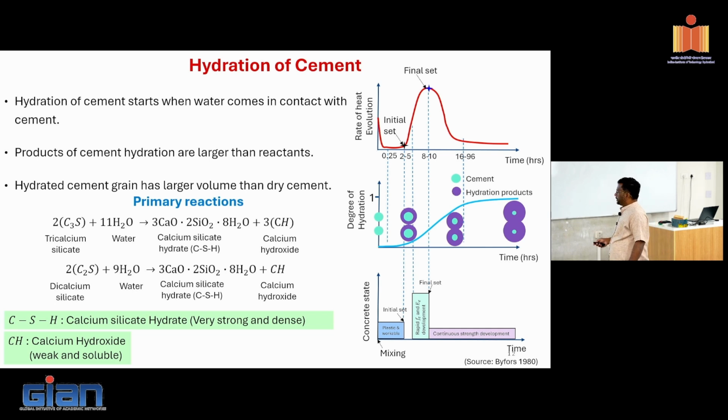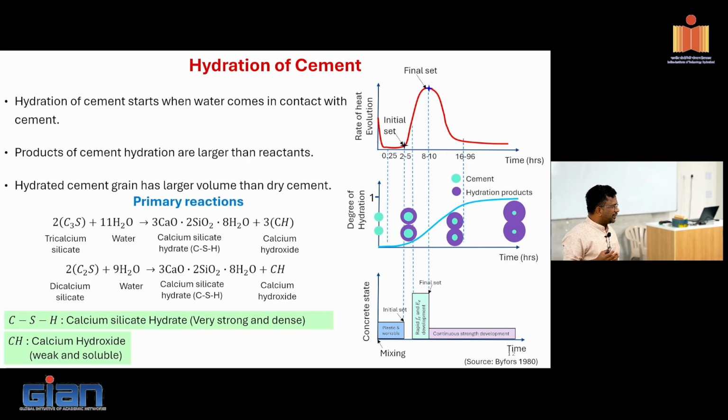Now what we are trying to see here is, these are the basic reactions where calcium silicate hydrate forms. When I have more C3S, you can see that you also form calcium hydroxide, which is weak and soluble. That's why if you have some cracks in the system, you will see white marks. Why does that white mark come?